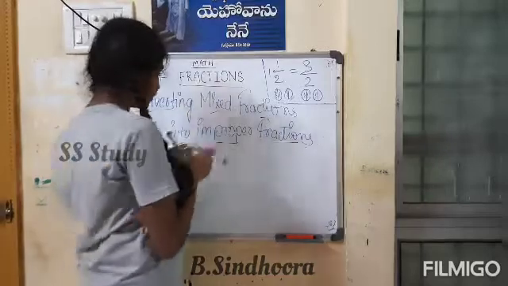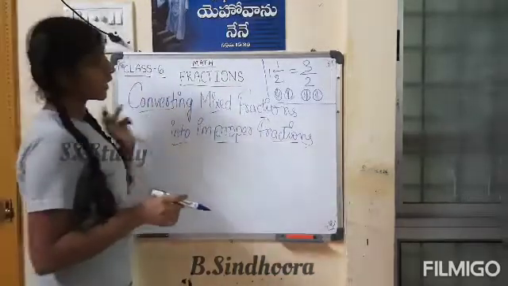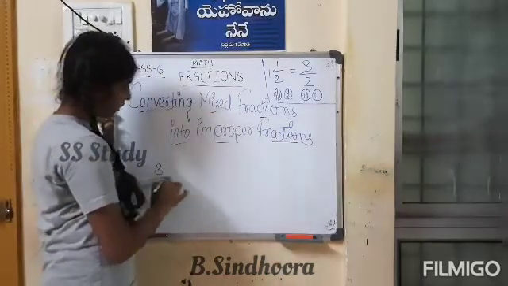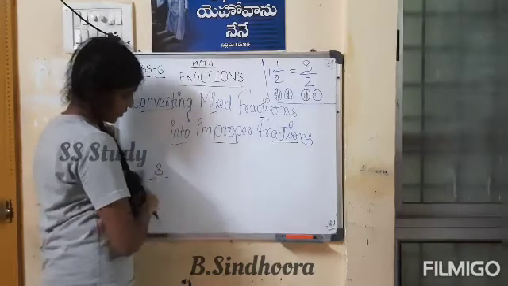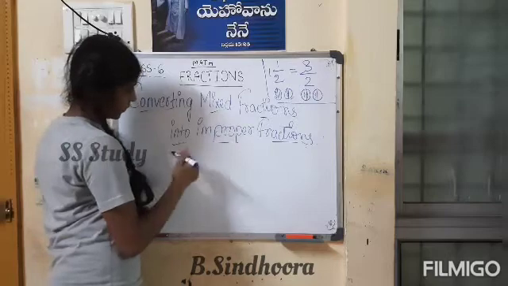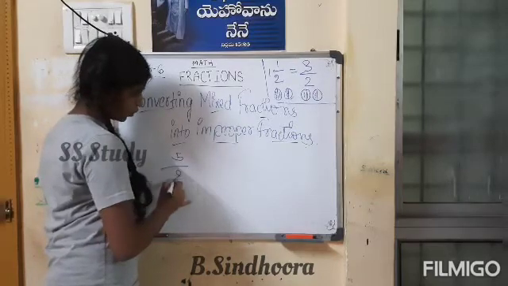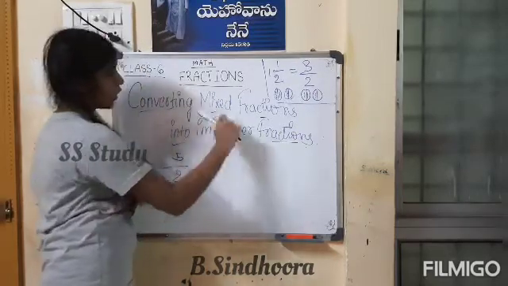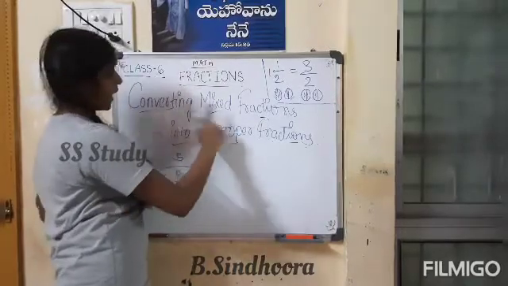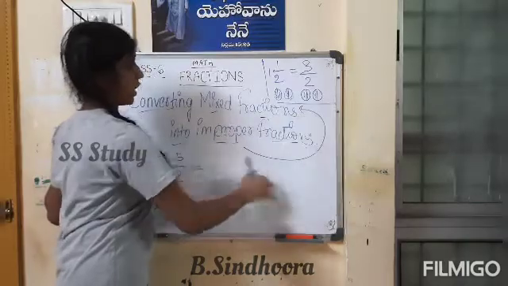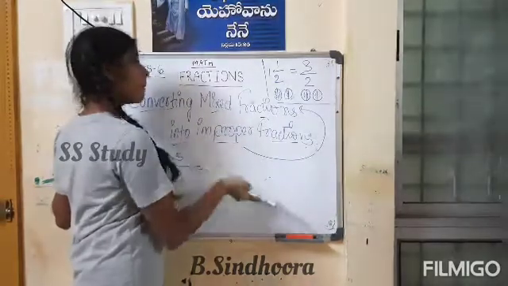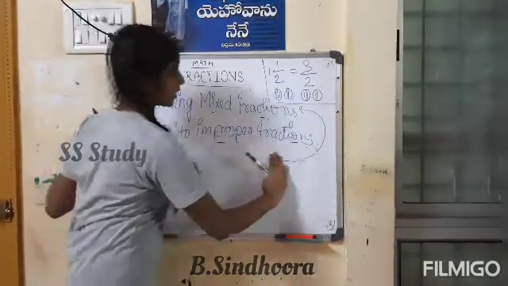So here, if I take a fraction, 5 by 2, this is an improper fraction. Converting mixed fractions into improper fractions, I reverse. Improper fractions into mixed fractions, like this, come like this.